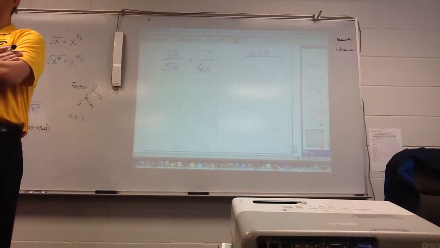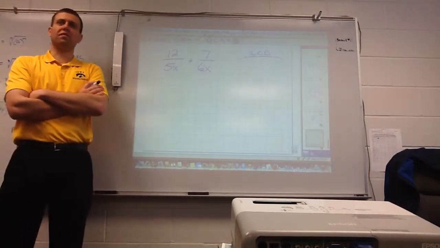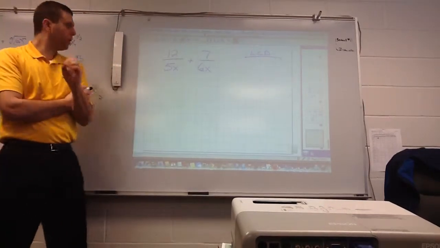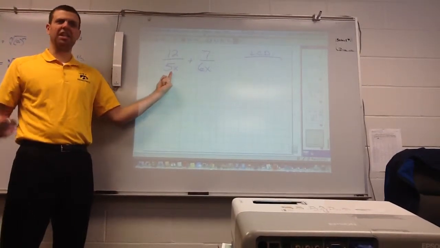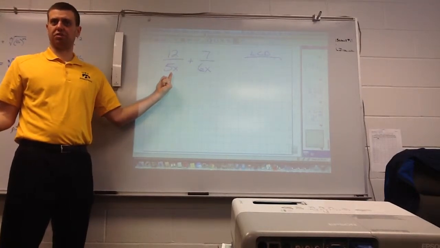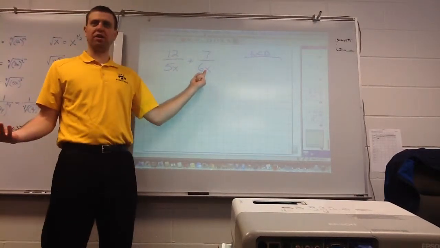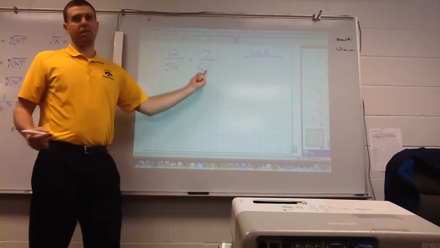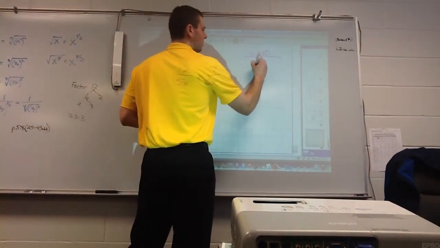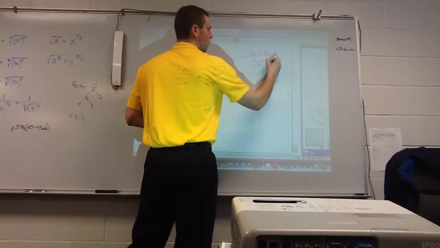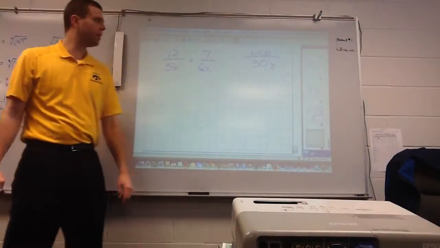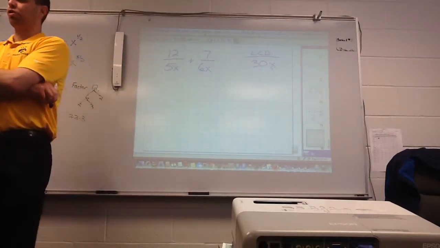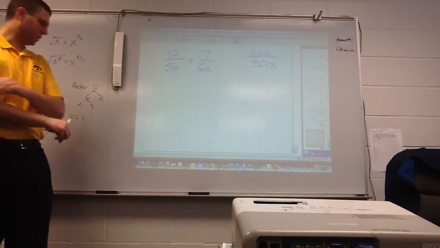Okay? 30x squared is fine, but you don't even need to go to x squared. You could just do 30x. What would you have to multiply this by to get to 30x? Just 6. What would you have to multiply this by to get to 30x? Just 5, okay? If you want to go to 30x squared, you can, but then you're going to have to simplify more in the end, okay? I would make my least common denominator be just 30x, okay?